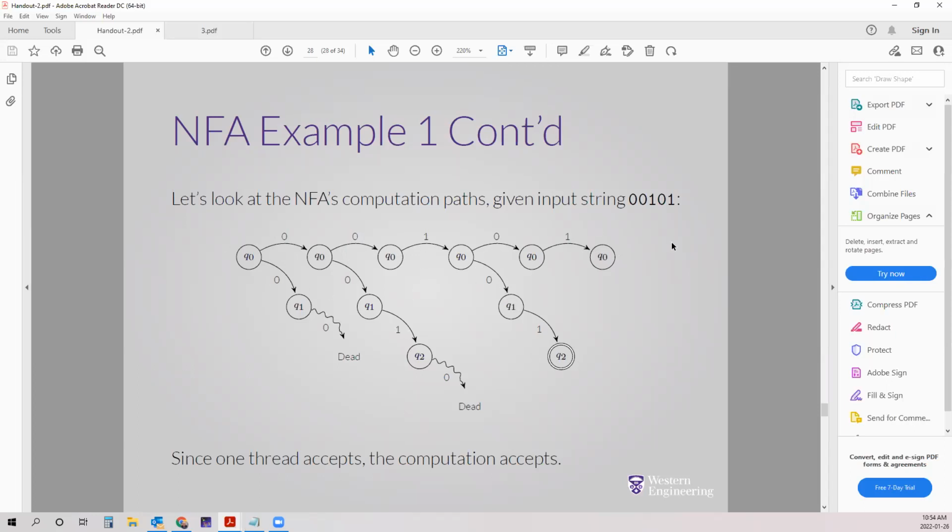So here I have multiple paths. Three of them will lead to a dead state and one will lead to an accepting state. Then I will accept that string. Since we need at least one thread to end at the final state, the whole computation accepts.